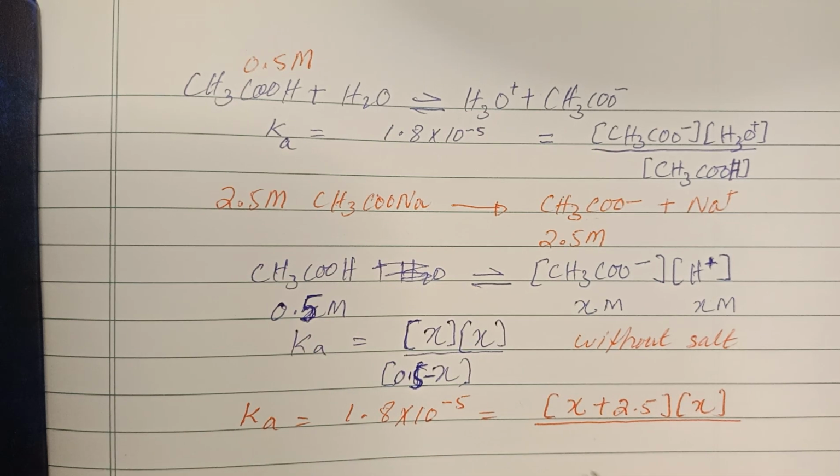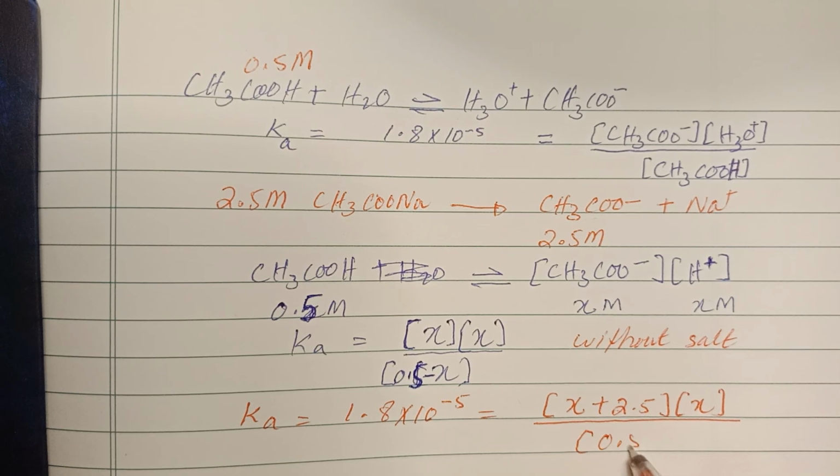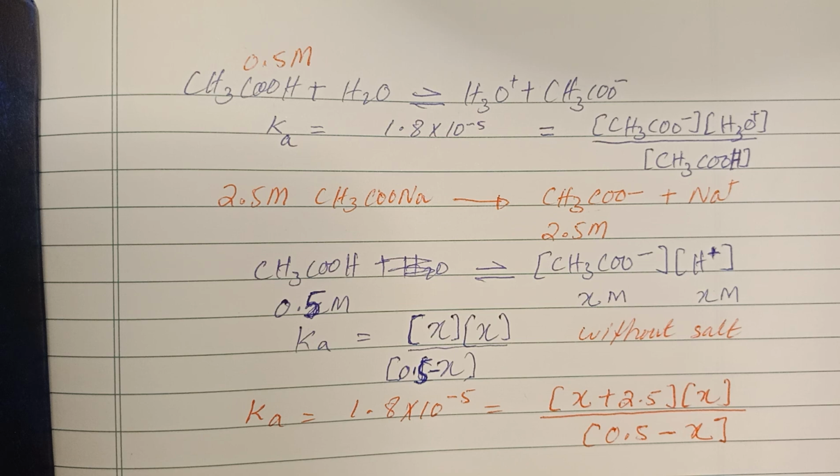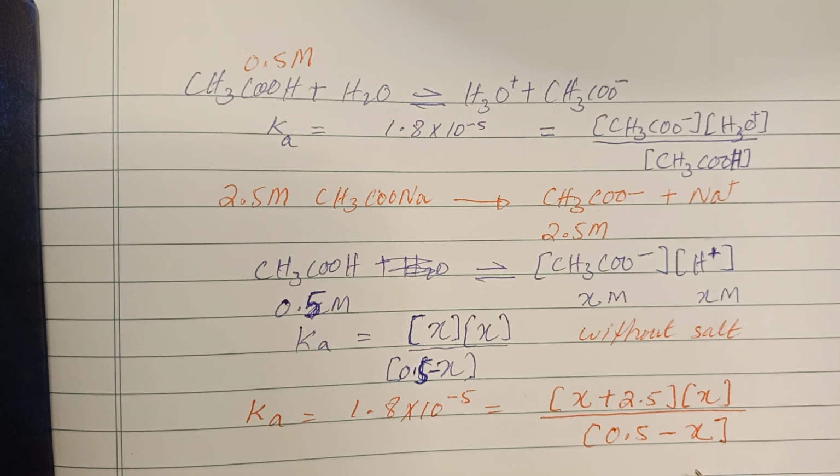So here we have 0.5, that was the total amount of acetic acid, minus the number of acetic acid molecules which are dissociated.